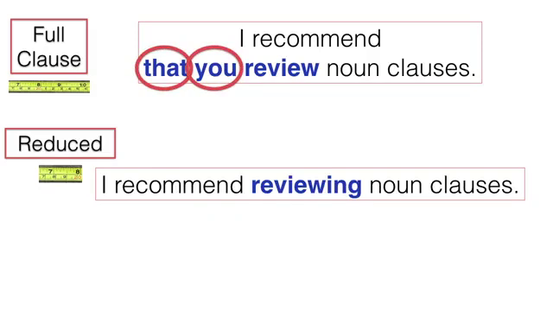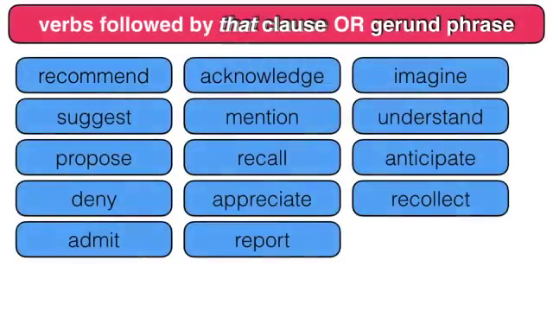See how easy it is? Of course, you know not every noun clause can be reduced in this way. Here is a list of verbs that can be followed by a noun clause that begins with that, or by a reduced noun clause or a gerund phrase.